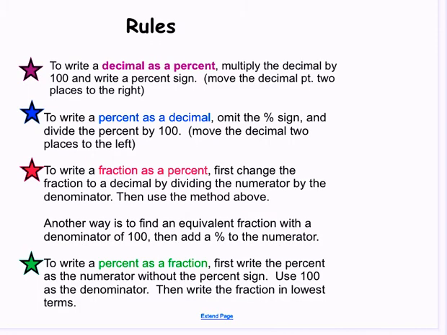Finally, to make things a little easier, you could use this page or write down these rules to always refer to. It gives you step-by-steps on how to change each one of these. So again, try and remember, we are family, and each decimal, percent, and fraction are all related. That's all for now. Thank you.